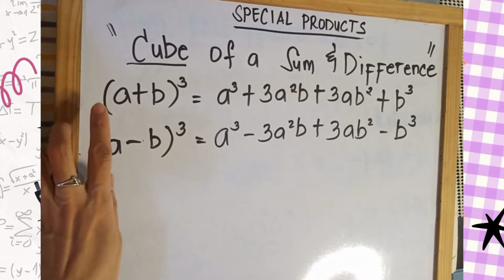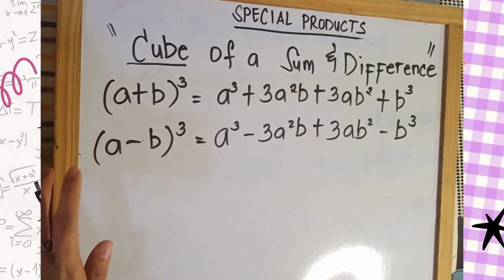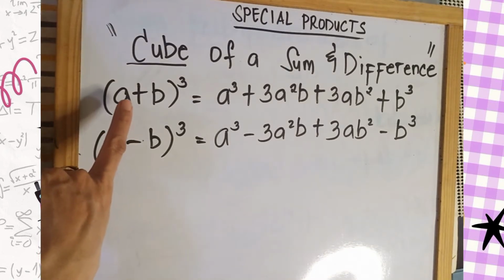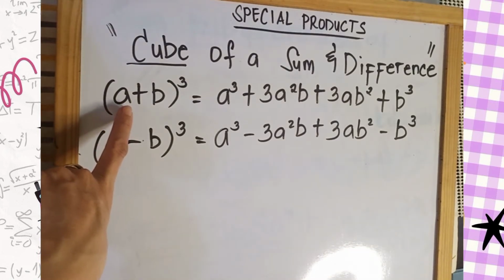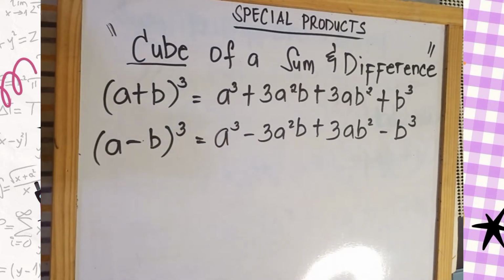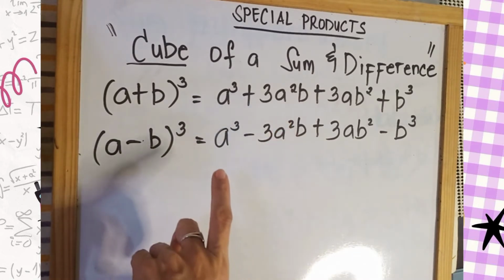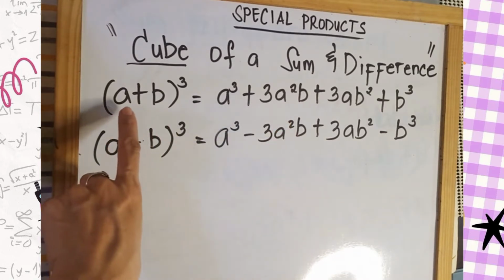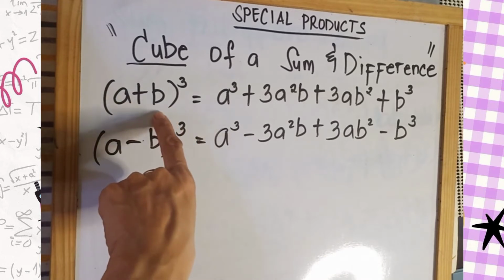If it is a sum or cube of a sum, our formula will be the cube of the first term. So our first term is a, so that will become a cubed plus thrice the product of the square of the first term and the last term.